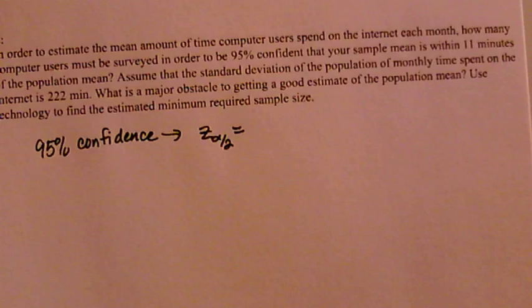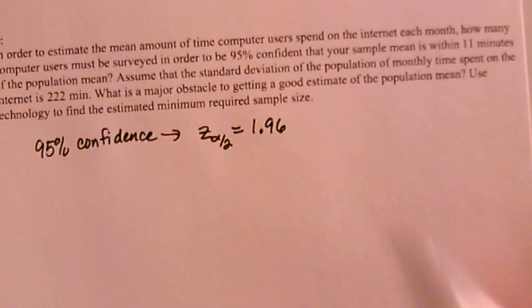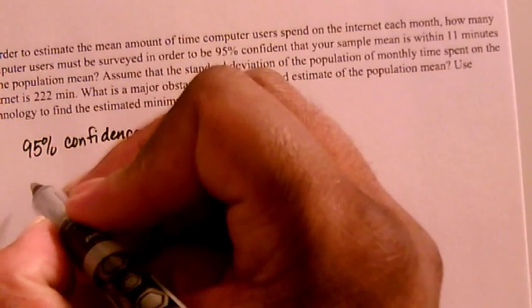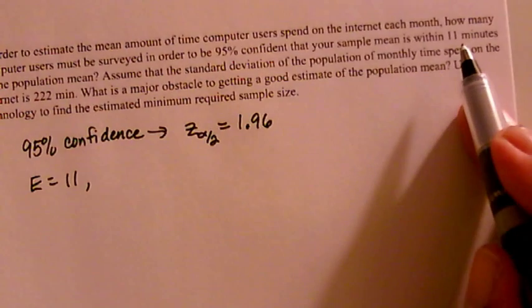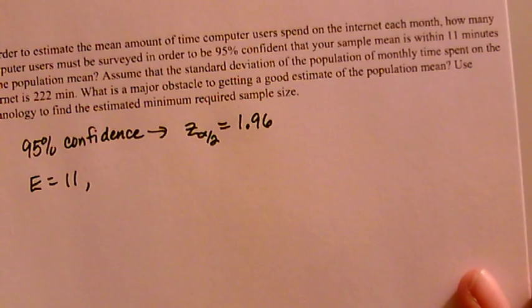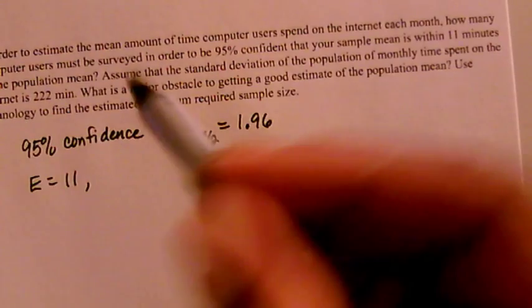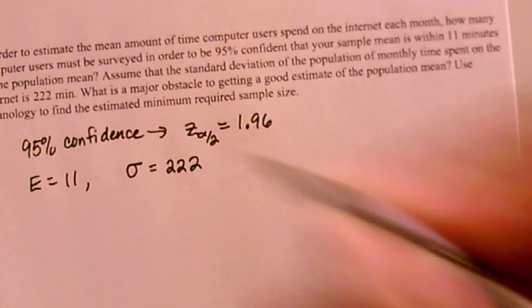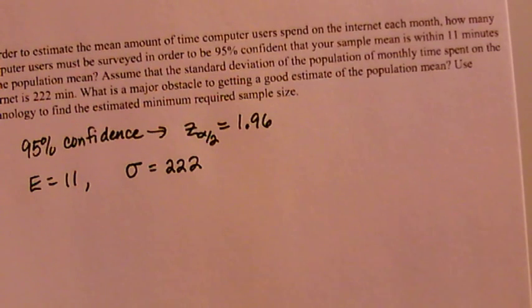So here, Z of alpha over 2 is simply 1.96. And the margin of error is 11. That's given to us in the problem. We want to be within 11 minutes of the population mean. So E is 11. Your population standard deviation is given to you as 222 minutes. Okay, so we're only finding the required sample size. So here, that population standard deviation is known.